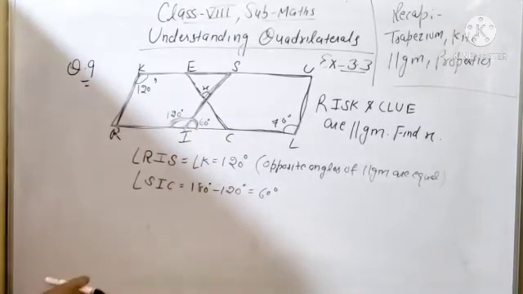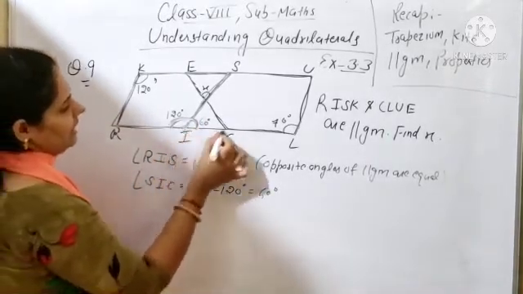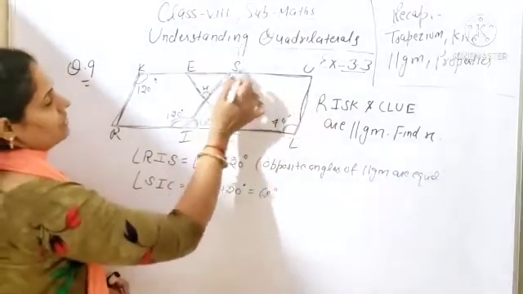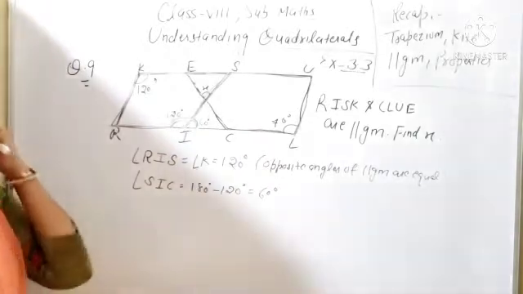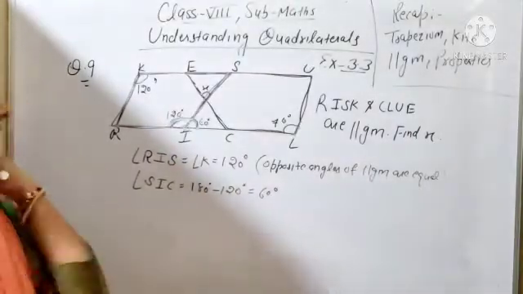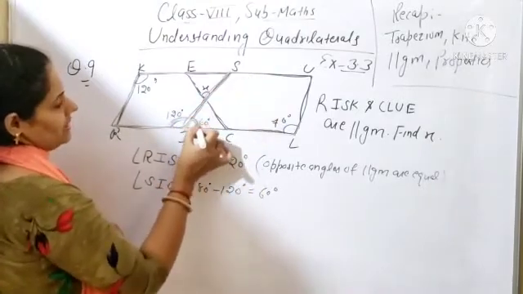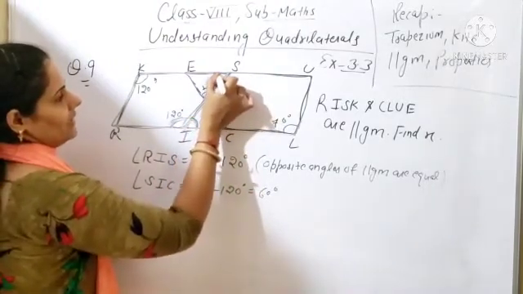Clear? Now you can see, beta, these lines IL and SU are parallel lines. If parallel lines are cut by one transversal line, this one is the transversal, then this angle will be equal to this one angle.